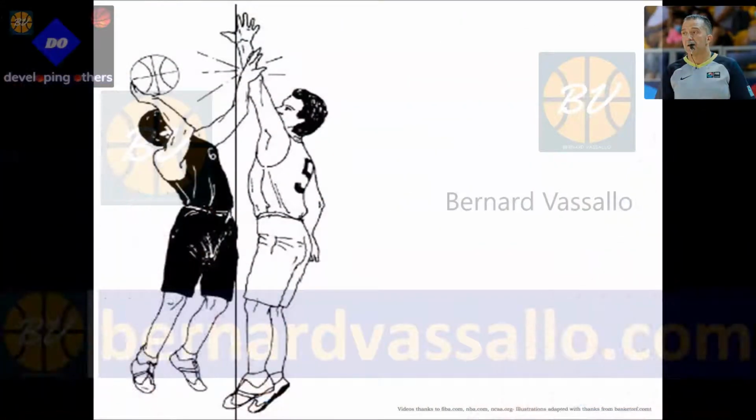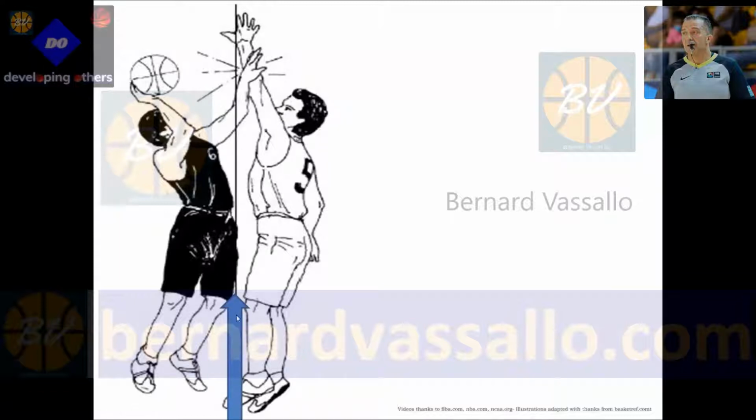In the following examples, we're going to see some illegal action done by the offensive players who are going for a shot. Sometimes a player shooting a layup or a jump shot extends his non-shooting arm to protect the ball and to prevent the defensive player from blocking his shot, as we could see clearly in this diagram.